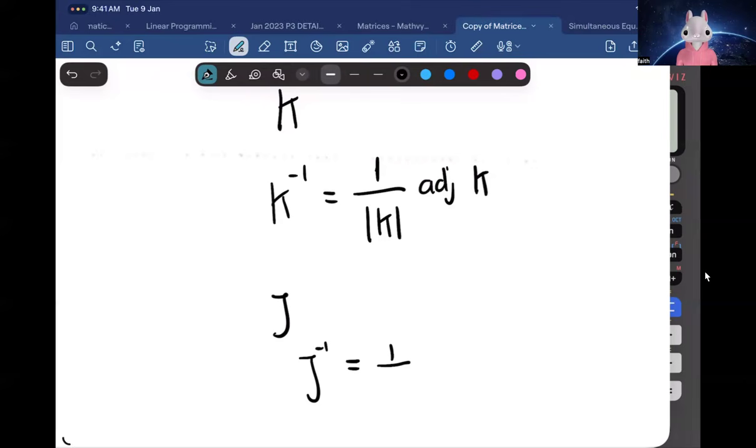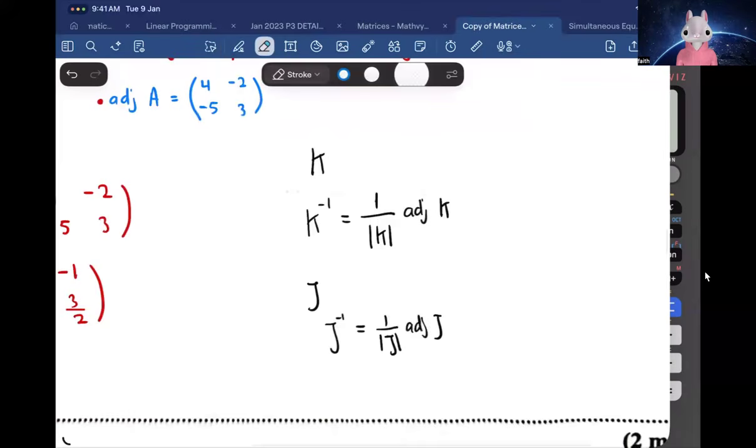So 1 over the determinant of J, multiplied by the adjoint of J. Great. Commit that to memory. Have that locked in.